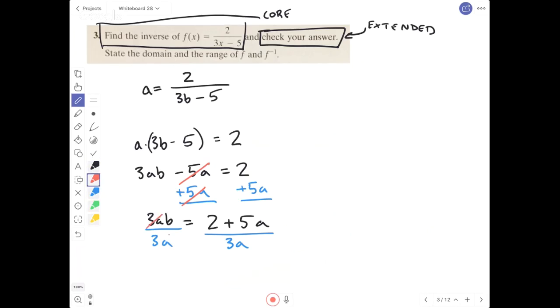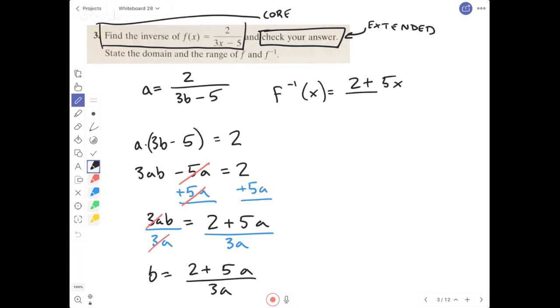So cancel, cancel. b equals 2 plus 5a over 3a. So the inverse function, f inverse of x, equals 2 plus 5x over 3x.